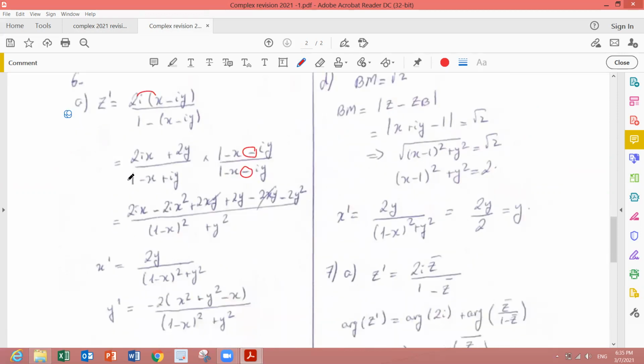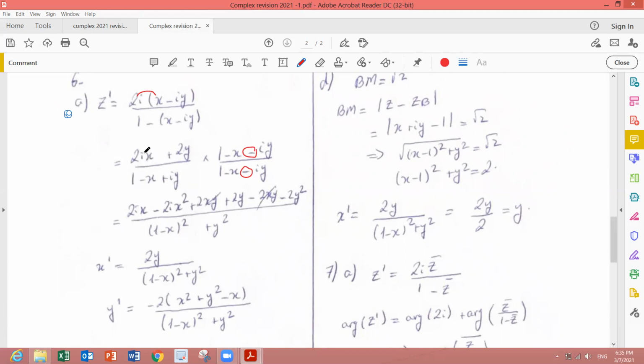Now the denominator gives the real part squared, which is 1 minus x squared, plus the imaginary part squared, y squared.